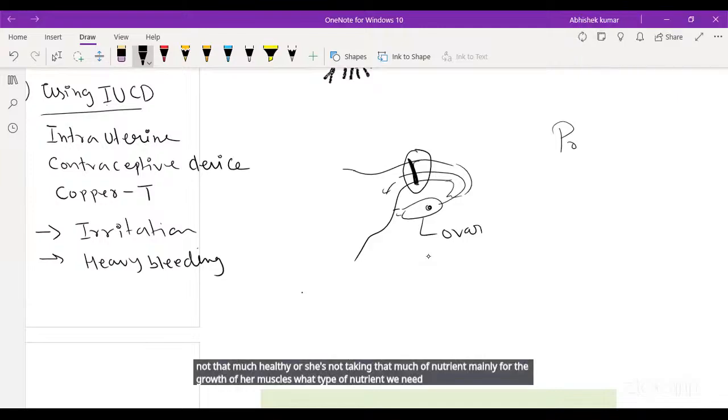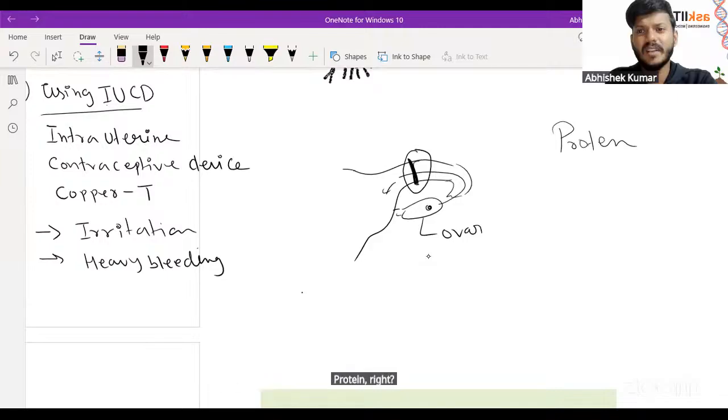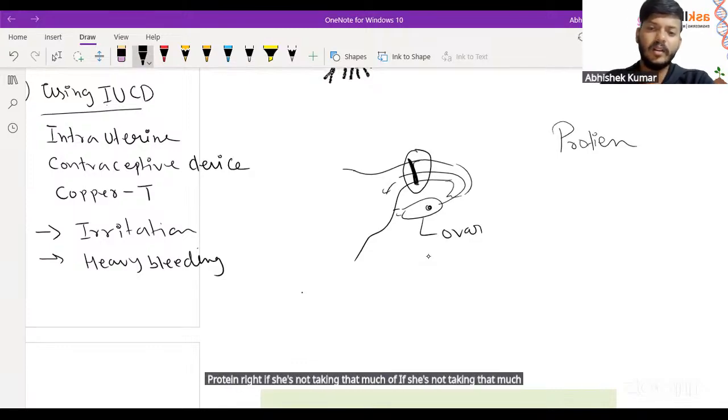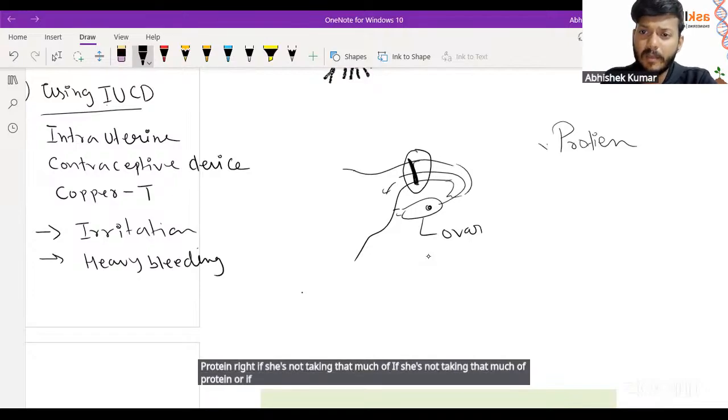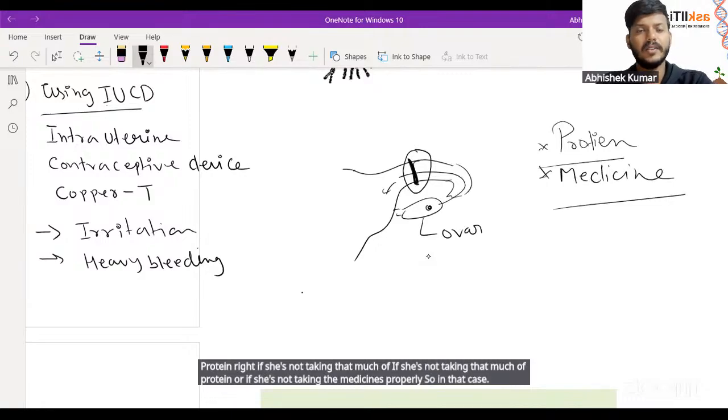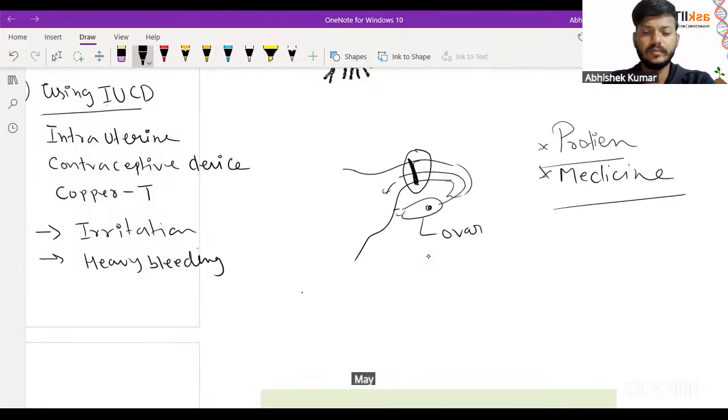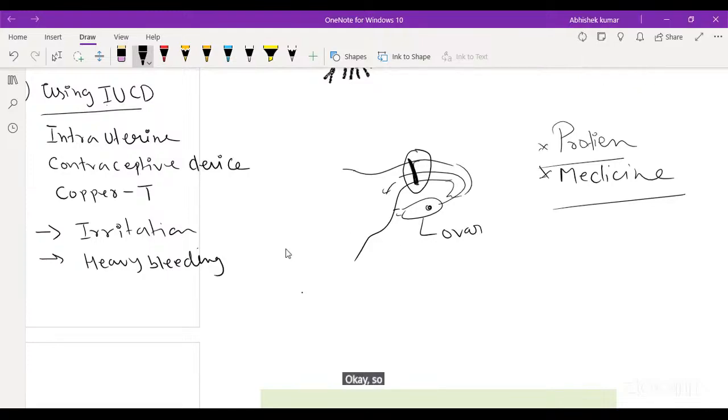Protein. Protein, right? If she's not taking enough protein or if she's not taking the medicines properly, then in that case infection may happen.